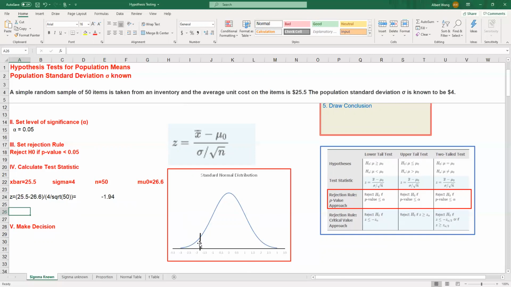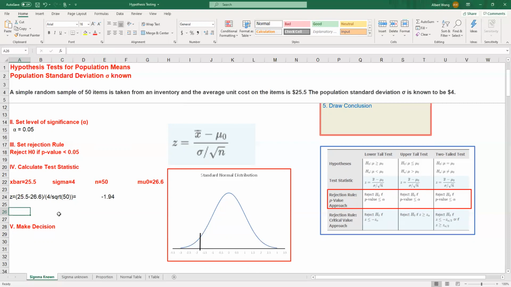So we calculate the test statistic, look at the lower tail, and calculate the probability of seeing the data or beyond if the null hypothesis is true. We would reject the null hypothesis if the probability is too small, but we see the data. So there's a contradiction. So how do we calculate the area from the test statistic and beyond? Basically, that's the probability of a standard normal distribution from this point all the way to negative infinity. So this is the tail area that we want to calculate.